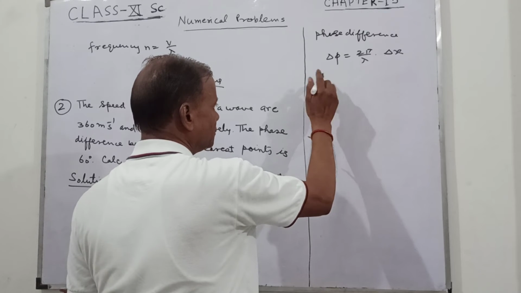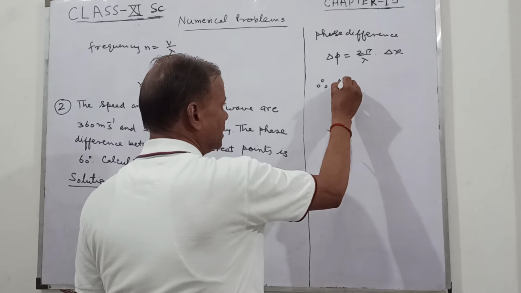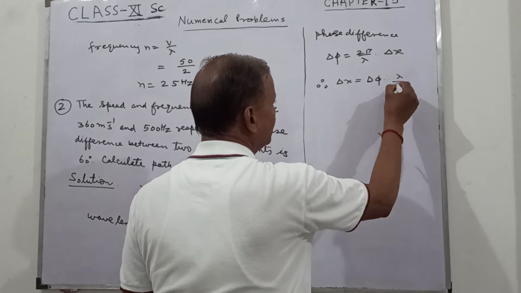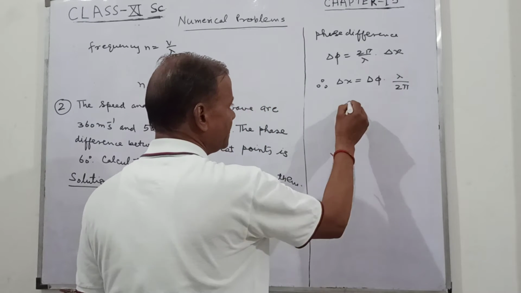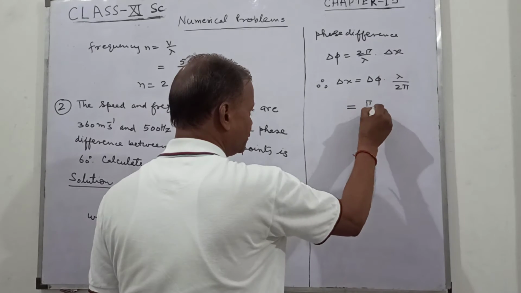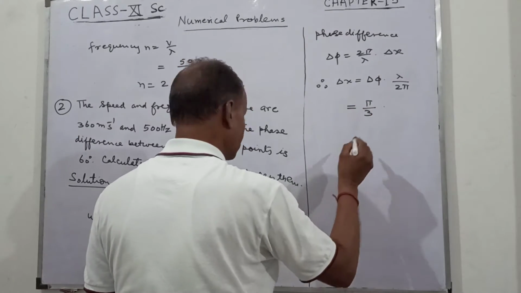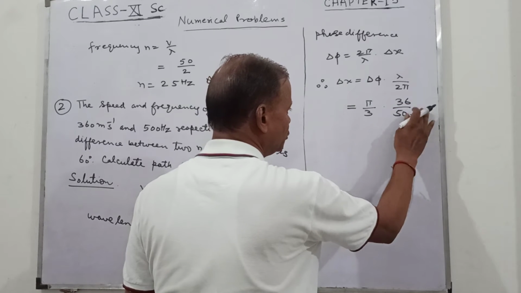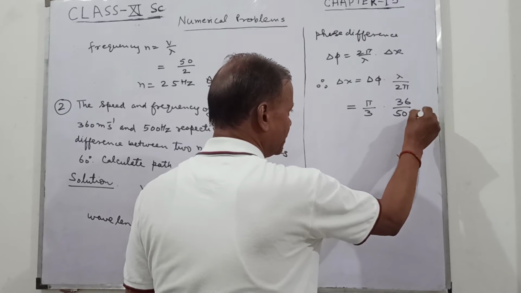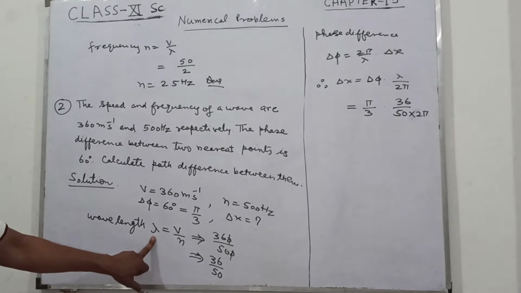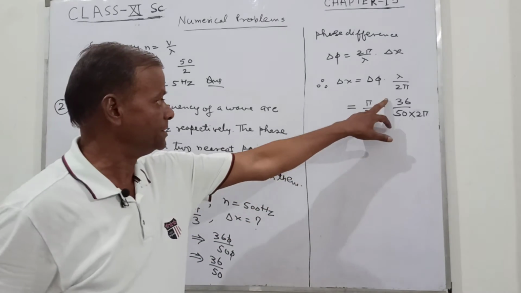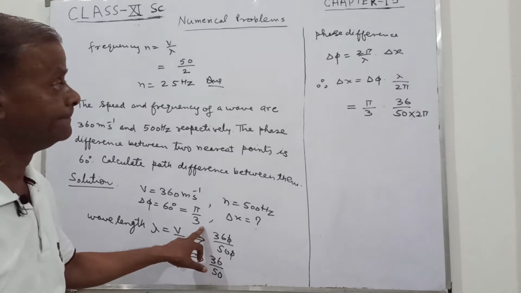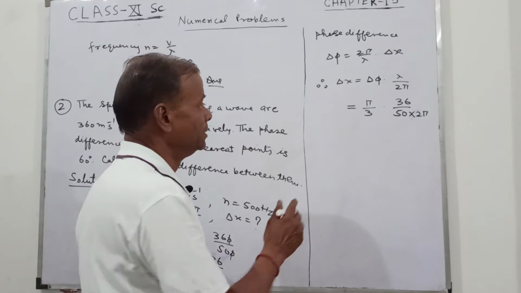Therefore, delta x is equal to delta phi into lambda upon 2 pi. Delta phi is pi upon 3, lambda is 36 upon 50, divided by 2 pi. Now we simplify.